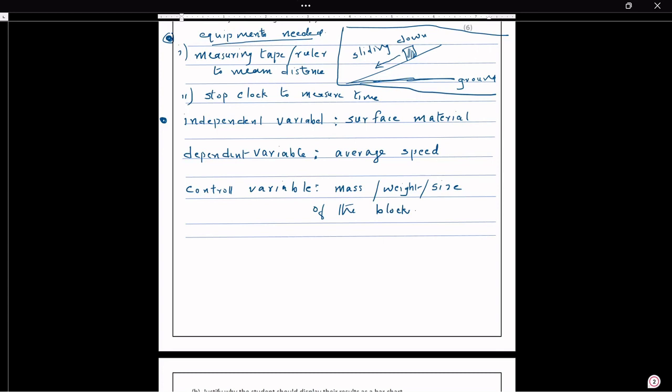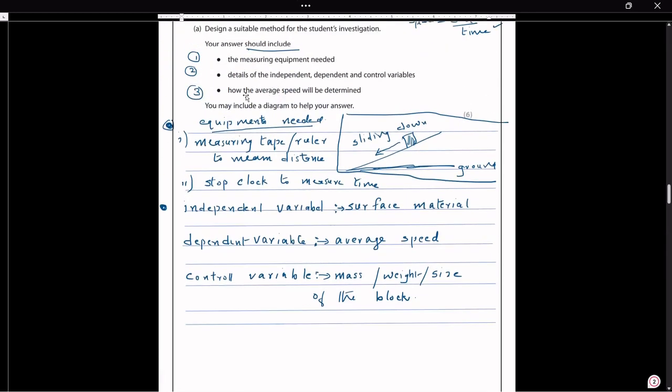So independent variable, surface material; dependent variable, average speed; and finally the control variable is the mass, or weight or size of the block.